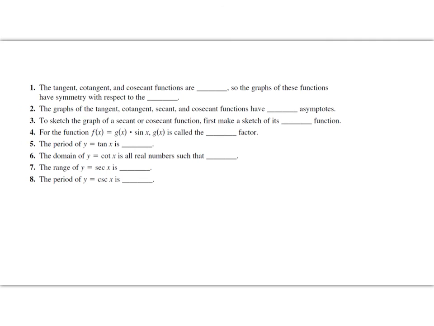Let's talk about vocabulary and figure out what they're saying here. The tangent, cotangent, and cosecant functions are odd and have symmetry with respect to the origin. The graphs of the tangent, cotangent, secant, and cosecant functions all have vertical asymptotes.